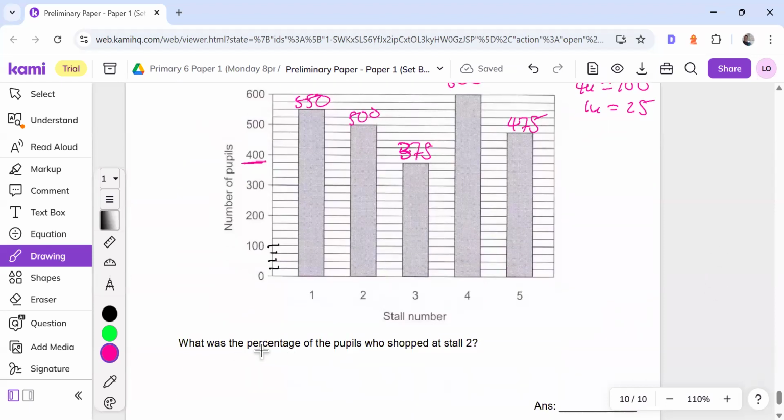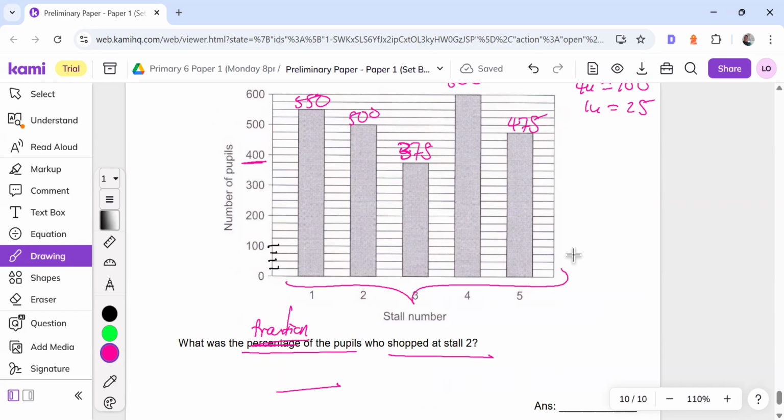What was the percentage of the pupils who shop at store 2? Now, how to make it easier? What was the fraction of the pupils who shop at store 2? So change it to a fraction. So can you find the fraction? All the pupils is how many? Go and add them all together.